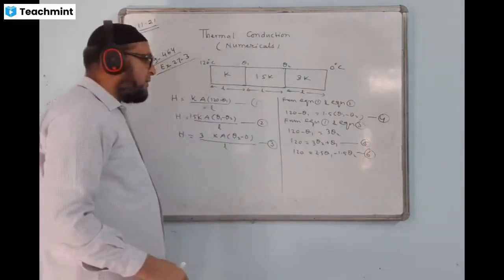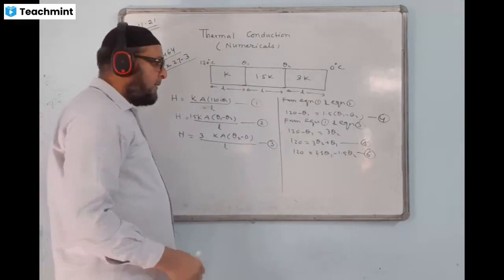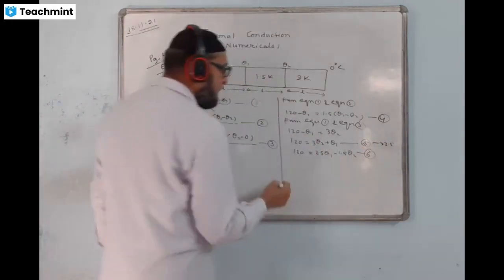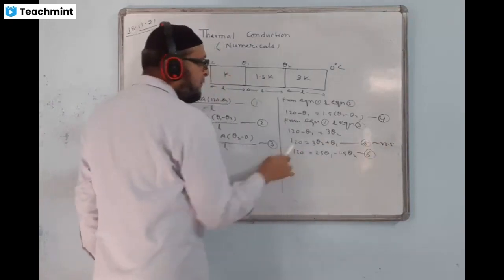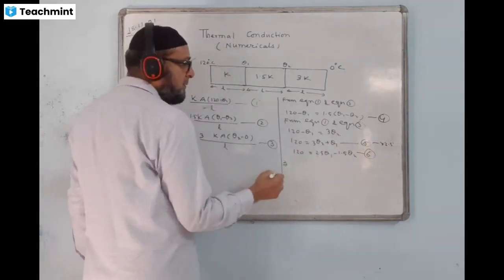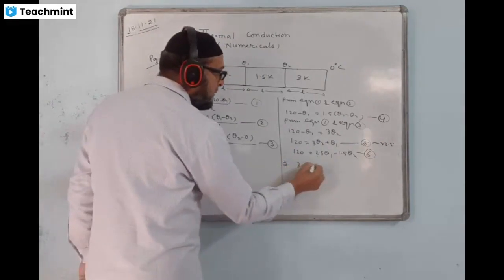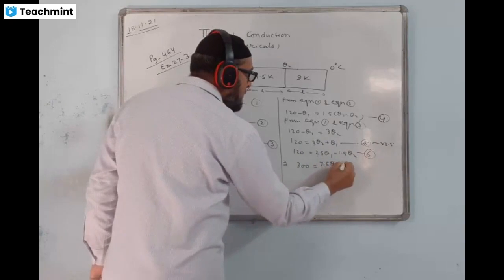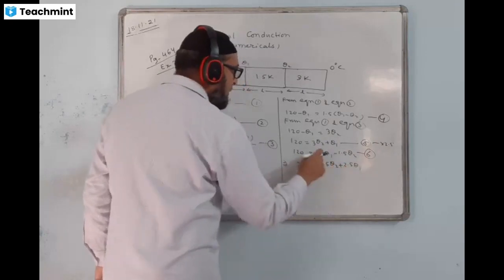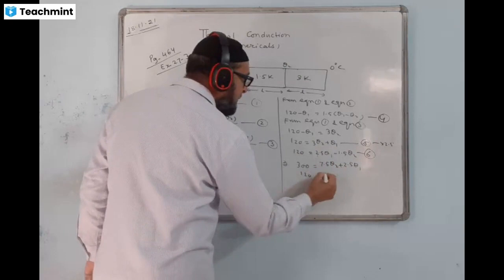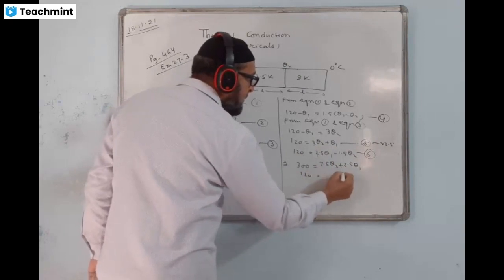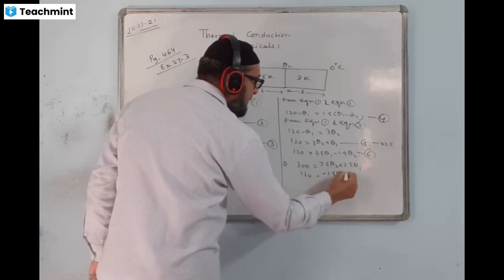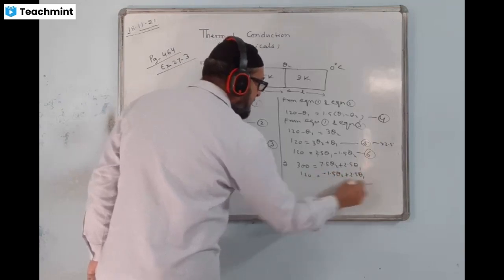I will solve the two equations now simultaneously. I multiply this by 2.5 everywhere. 2.5 into 120. Check what is the answer. 300. 2.5 into 3 is coming 7.5 theta 2, 2.5 theta 1, and this one I'll just copy 120 minus 1.5 theta 2 plus 2.5 theta 1.